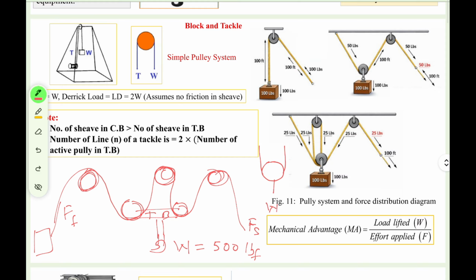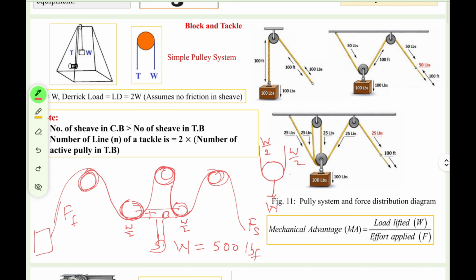Now if you want to lift this weight, W is divided into W by 2 and W by 2. You may be aware of this. W by 2 is carried on this pulley side and W by 2 on the other, and this W by 2 is divided between two ropes.